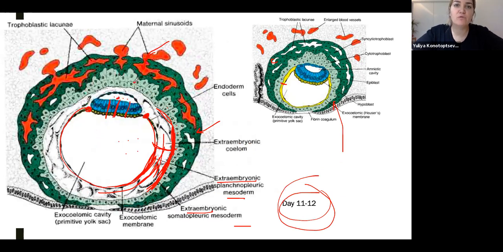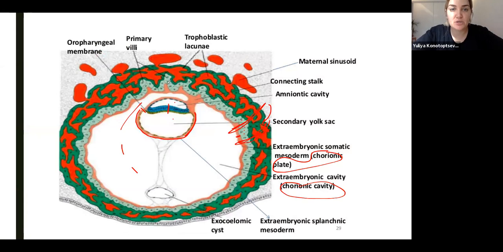This is the cytotrophoblast. Which part of the Heuser's membrane is going to go this way? It's going to proliferate this way, this somato. So the amniotic cavity will be covered by the extraembryonic somatopleuric mesoderm. This is very important. We have 3 cavities.